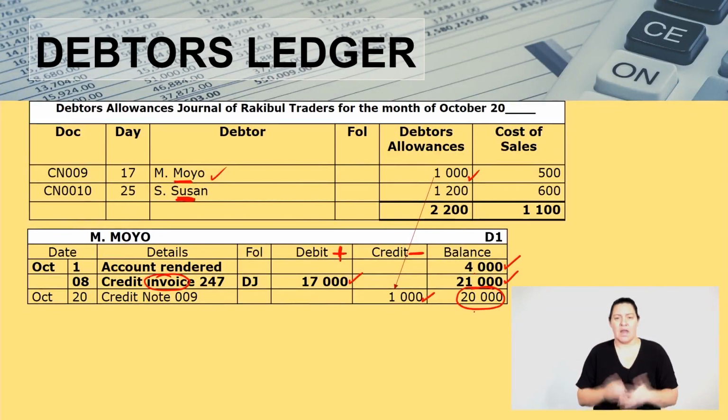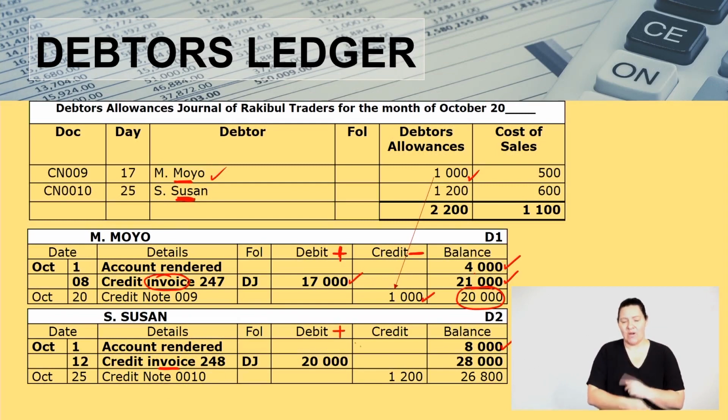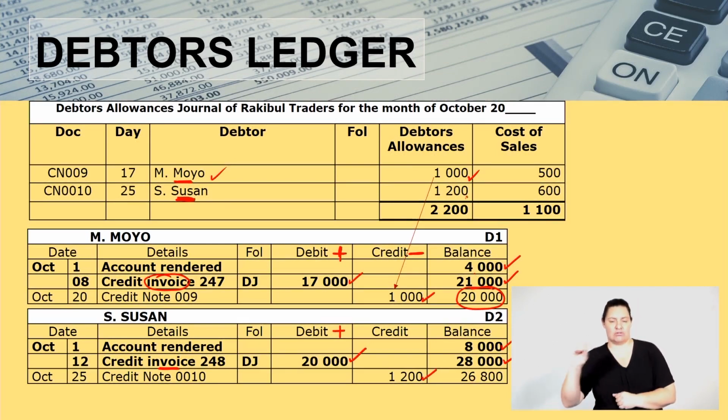20,000. Let's look at the other debtor, S. Susan. With S. Susan, they were owing us 8,000 at the beginning. We also sold goods. You see it by that invoice over there. And remember, on the debit side, it's a plus. Therefore, they were owing us now 28,000. But goods were returned, and these goods were for 1,200, as you can see over here, 1,200.